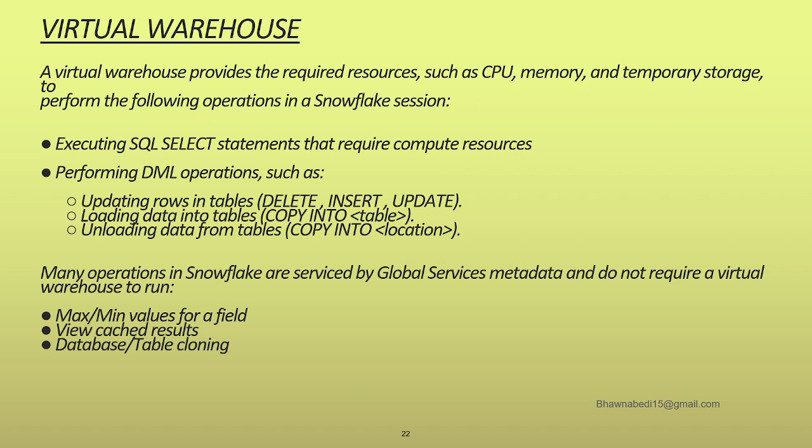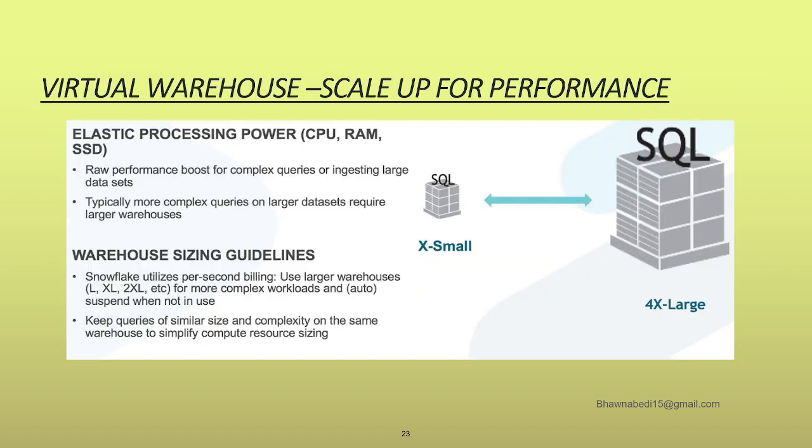Since it is using your cached data, your metadata, your statistics data, it is not going to directly query your data. So the timing for each of your queries will be pretty fast.